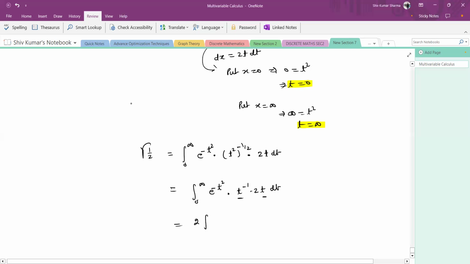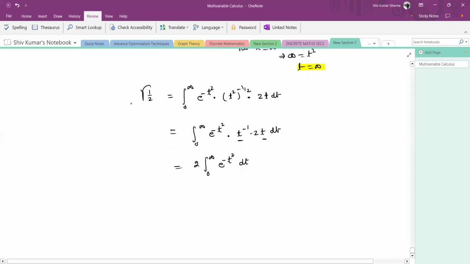So we take 2 outside from the integral, this is a constant value, and we see e raised to the power minus t square into dt. So gamma 1 by 2 equals 2 times the integral 0 to infinity of e raised to the power minus t square into dt. This is equation number 3.